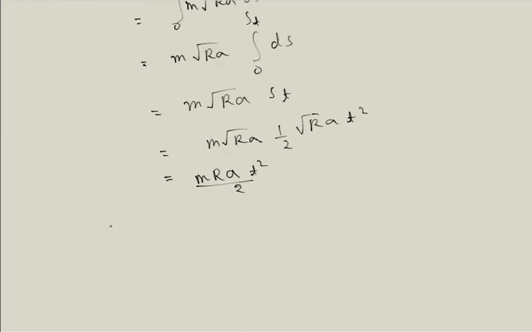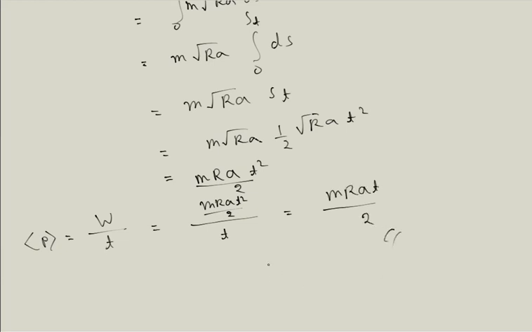So mean power will be total work done divided by total time spent. So total work done is m r a squared t squared divided by 2. Total time is t. So mean power will be m r a squared t divided by 2. So this is the final solution. Thanks for watching, and follow my channel for more solutions to problems in general physics. Thank you.